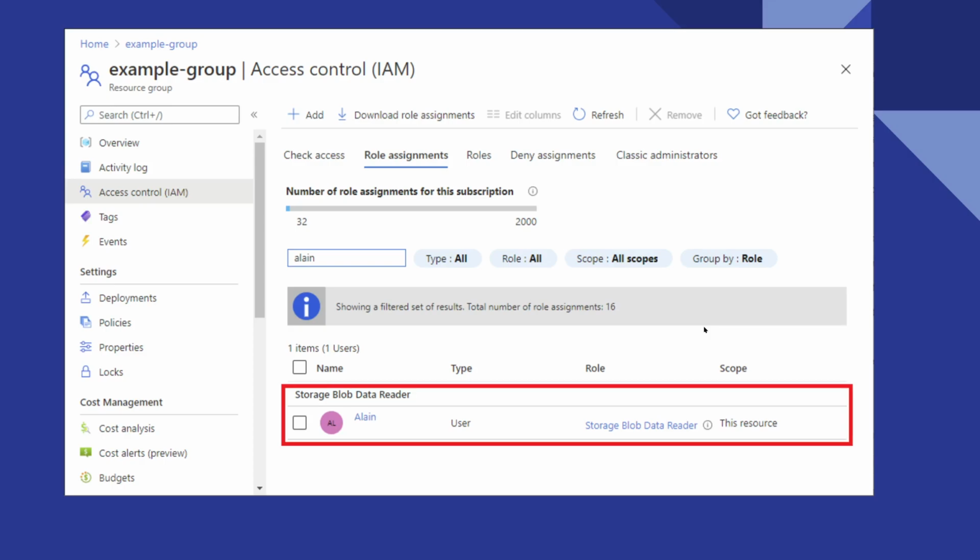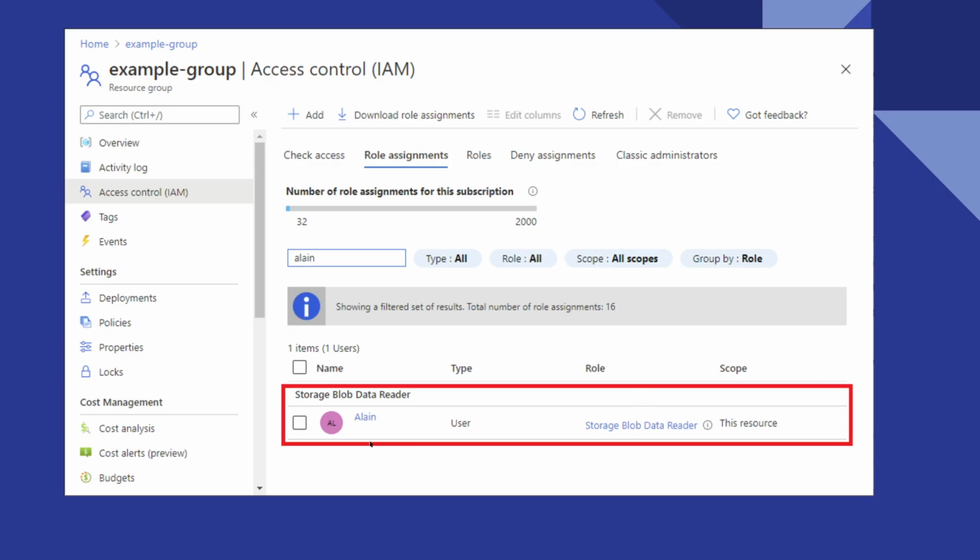You can also assign role assignments to a person based off of a resource. So you can see here we have a resource group, and we have this person, Alan, who is going to be a storage blob data reader, which is a role assignment that he can have towards a storage account.